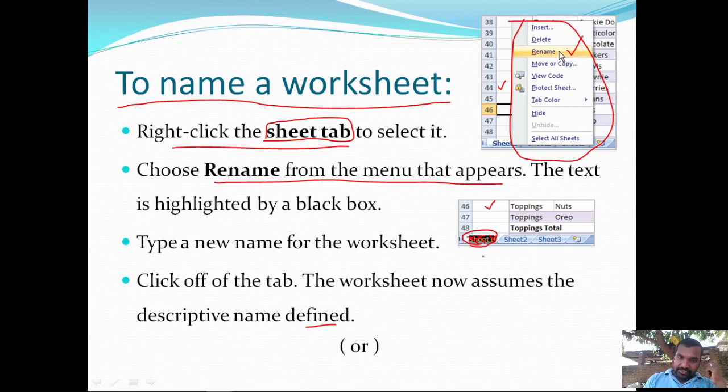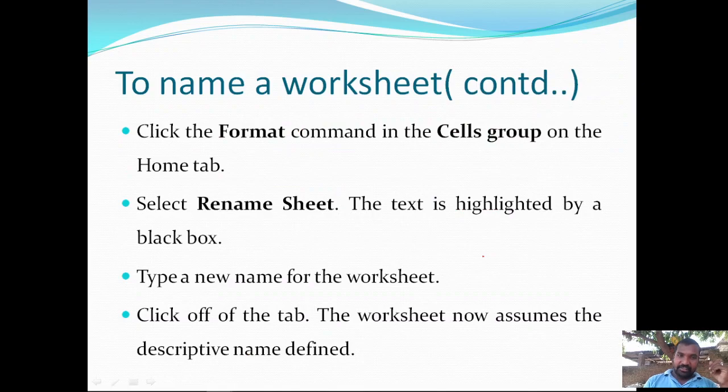Let us discuss another way. Click on the Format command in the Cells group on the Home tab. By default, the Home tab groups are displayed. In that, go to the Cells group. In the Cells group, we have the Format command. Click on that Format command and select Rename Sheet.